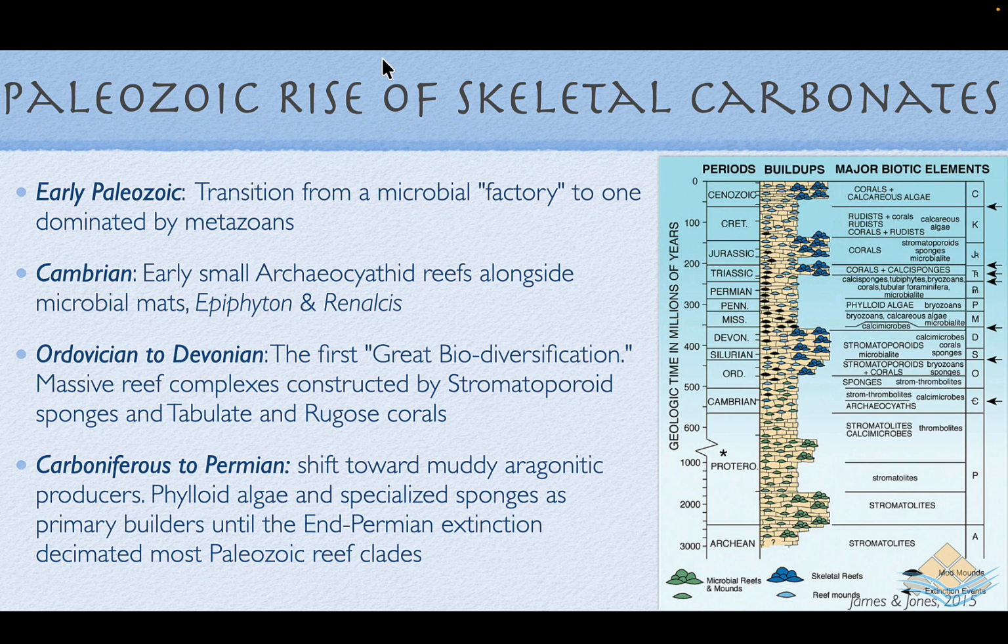By the middle to late Permian, a different association as we shift toward aragonitic producers. We pass from tabulate and rugose coral associations of the Ordovician into the specialized calcareous sponges along with phylloid algae as the primary builders until the end Permian extinction, taking out the Paleozoic reef fauna.